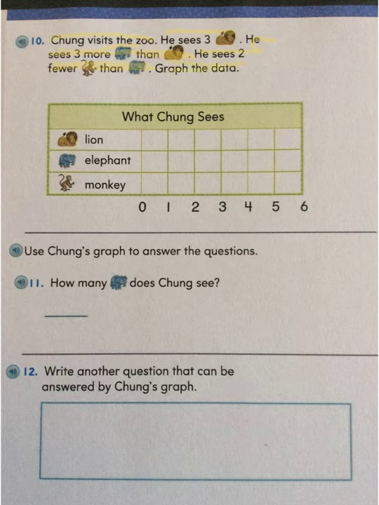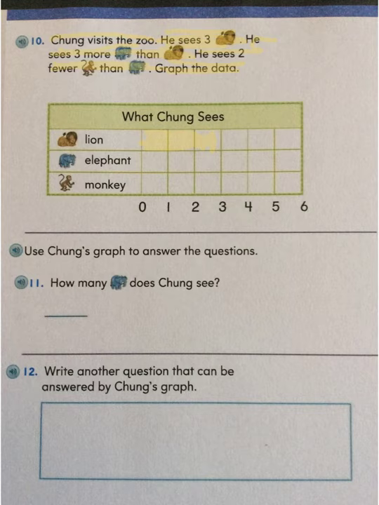Now we have to graph the data. Okay, so I'm going to choose 3 colors to show lion, elephant, and monkey. So the first one is easy, lion. It tells us straight out, he sees 3 lions right up here at the top. So I'm going to take my yellow, since I already have yellow out, and I'm going to color 3.